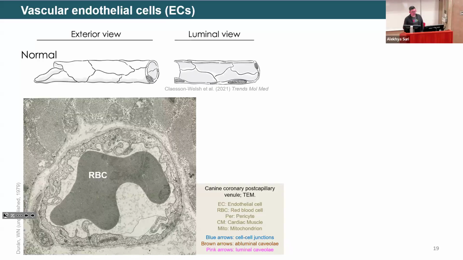Back then, it was very common to experiment on dogs. Today, not so much. But basically what you have is the post-capillary venule around here, and this darker blob at the center is a red blood cell that is twisting itself in order to fit through that very narrow post-capillary venule.